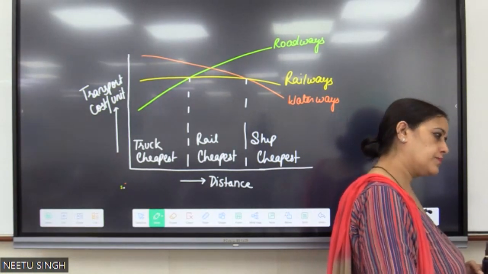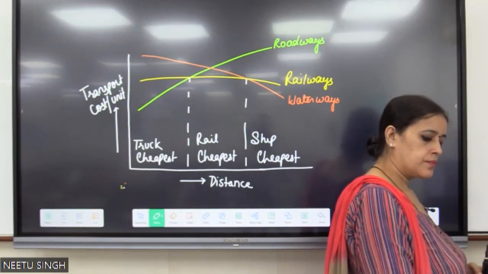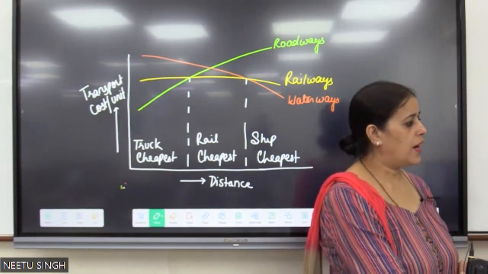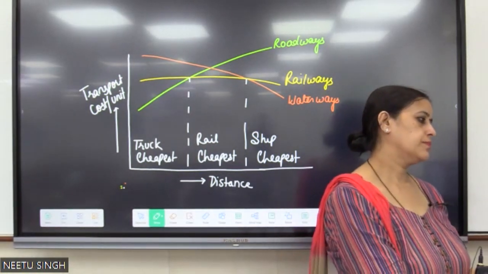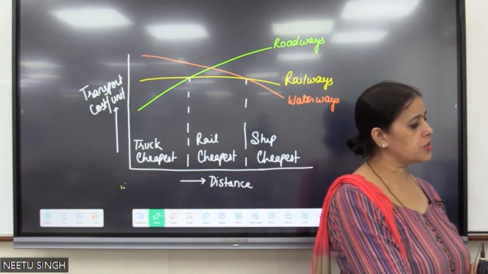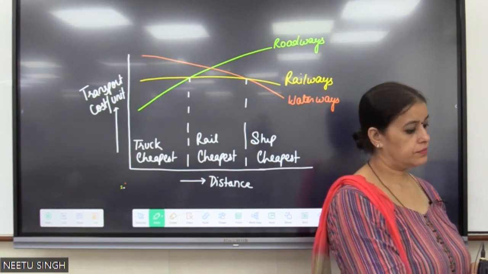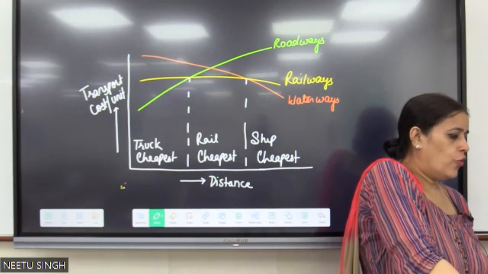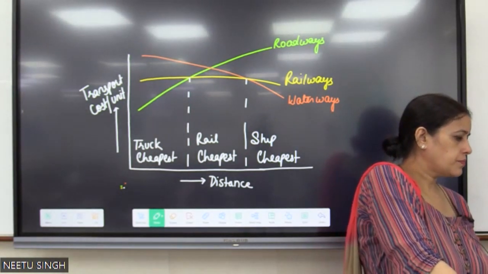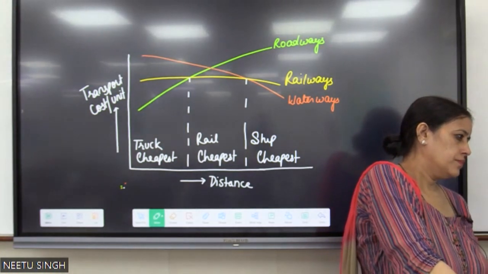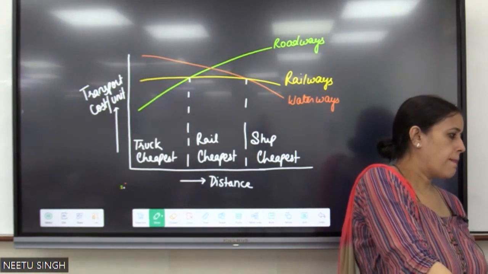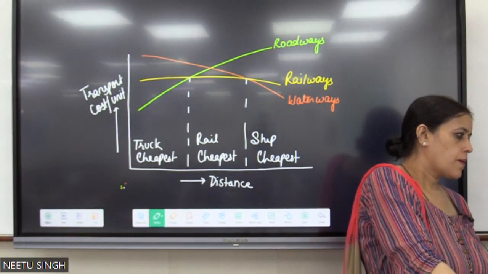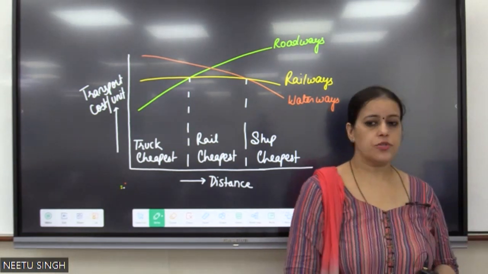He advocated that roadways provide the cheapest means for short distance travel, railways for intermediate distance travel, and waterways (bracket marine routes) for long distance travel.